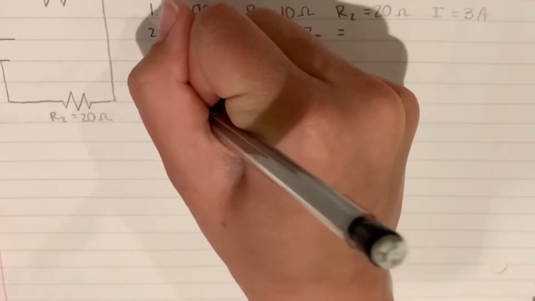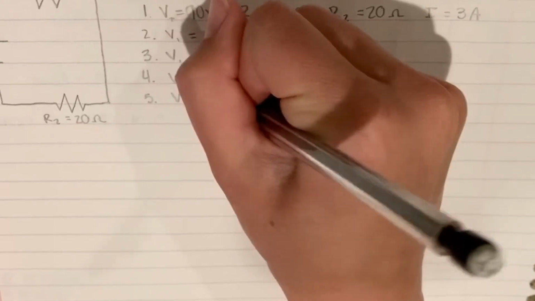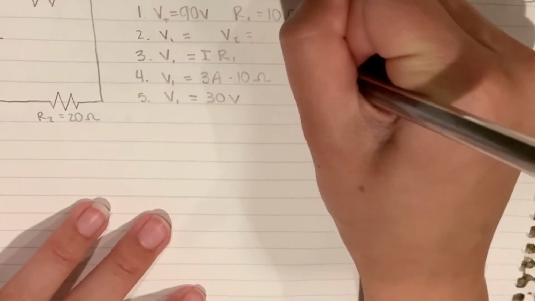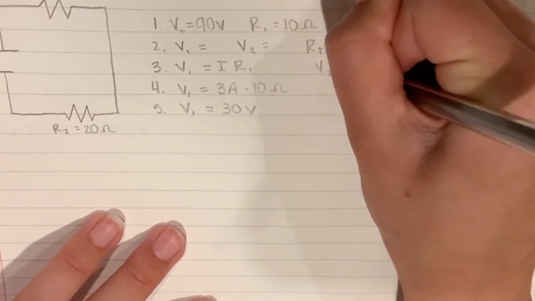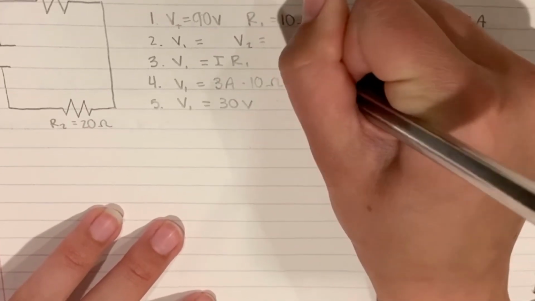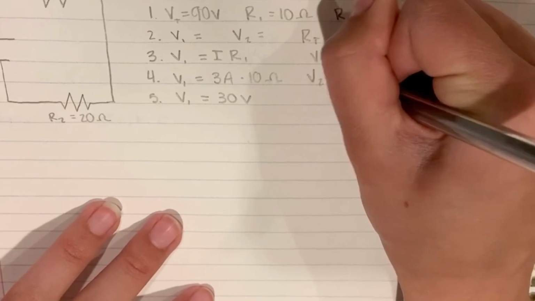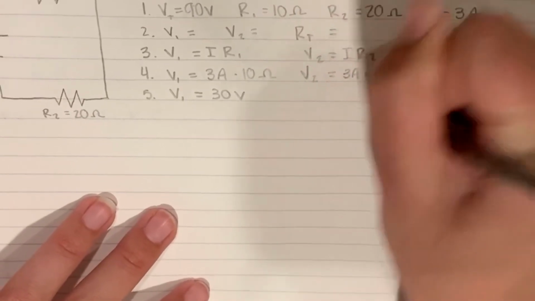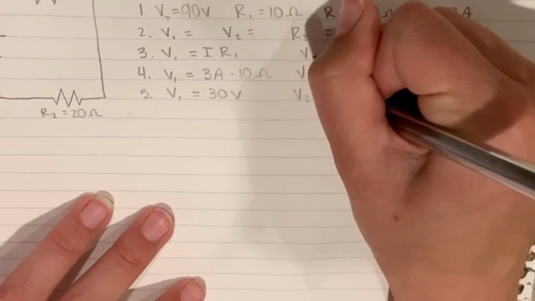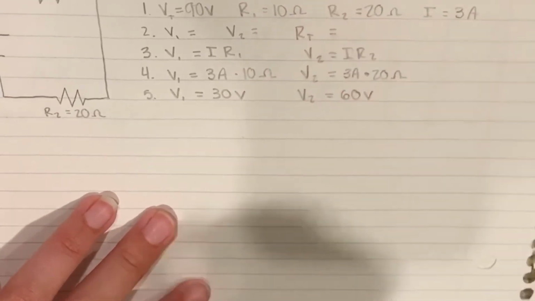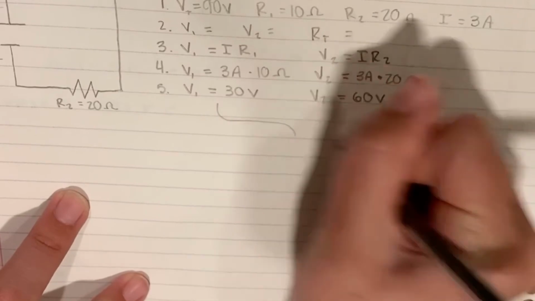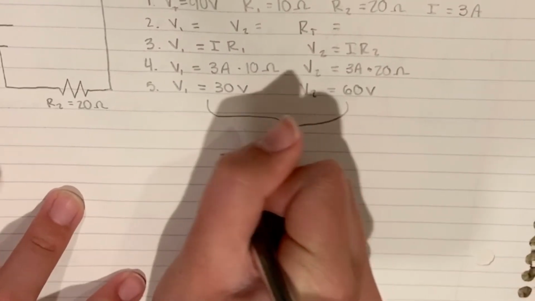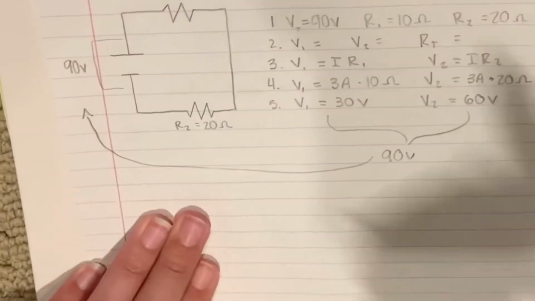So the voltage over the first resistor would be 30 volts. Then to solve for the second one, we do the same thing, different numbers: 3 amps times 20 ohms. So the second voltage is 60 volts. And as we talked about earlier, those two add up to 90 volts, which equals the voltage across the battery.